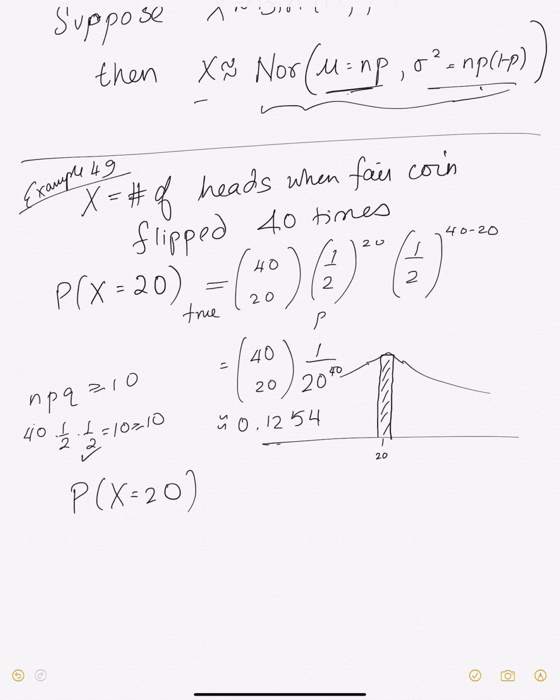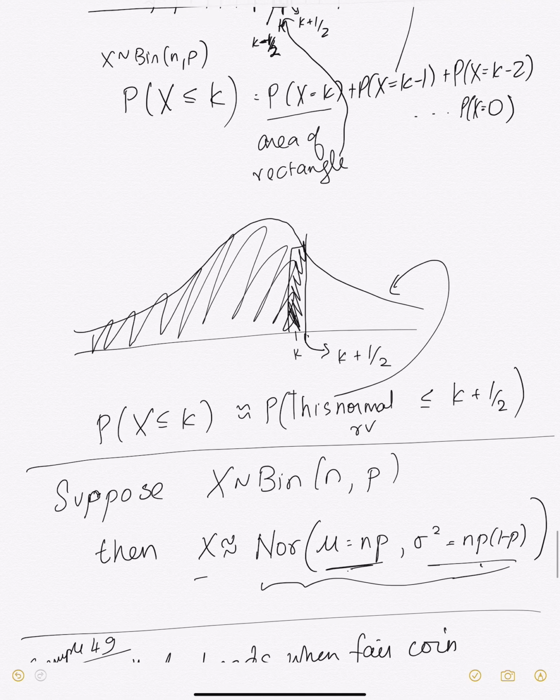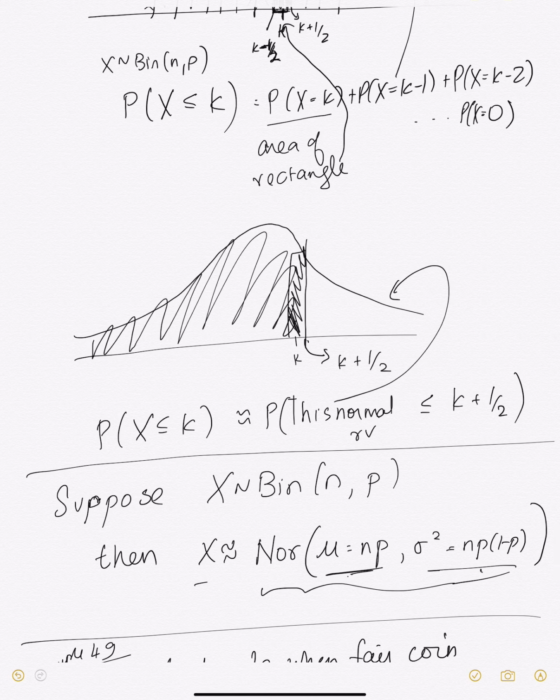So probability X equals 20. We're going to use normal approximation. Now, you would just say, oh, fine. If I approximate by a continuous curve, then the probability that continuous curve equals any value is 0. So the answer is 0. So it's a terrible approximation. But remember this. Remember, we needed to do the shift to the right to include the whole bar for X equals k.